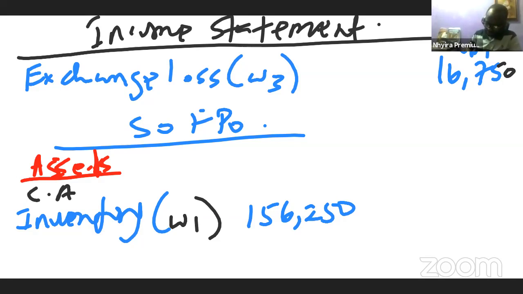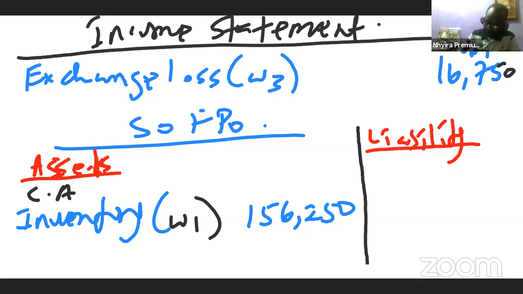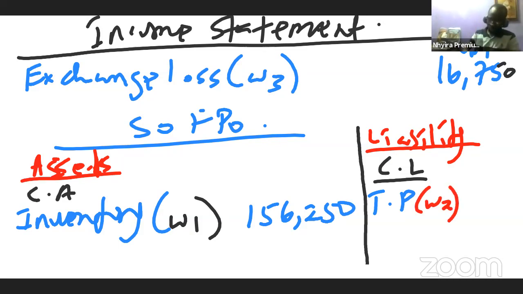Then we look at the issue in relation to the liability. It should continue, okay? But because of my space, I'm just dividing my space, but when you're writing, it should just continue. So we come to liabilities, and under that, we will bring current liabilities, and under that, we'll bring trade payables, and that will be the working on the subsequent measurement, working 2.